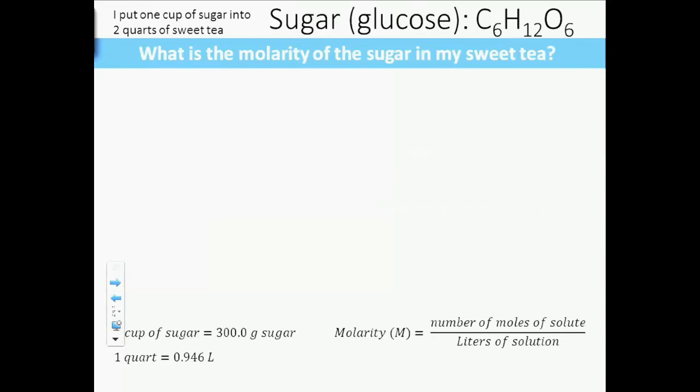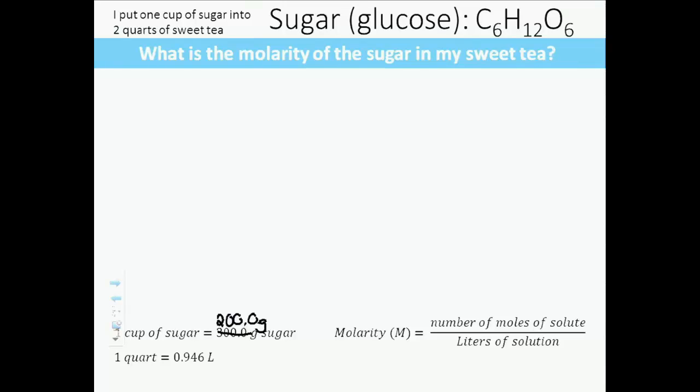So let's look at the molarity. Down here I have 1 cup of sugar is approximately equal to 300 grams of sugar. And I think I actually looked that up and I meant to write 200 grams of sugar. So let's make that change. Then we've got molarity is moles per liter, and 1 quart is equal to 0.946 liters.